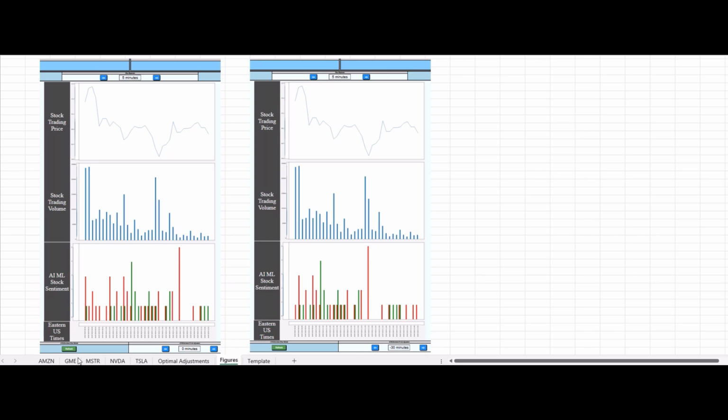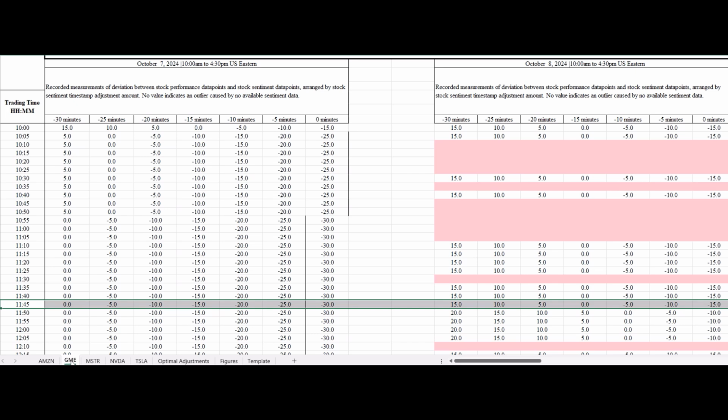When we collected data, it was across 5 different symbols that we see here. We have AMZN, Amazon, GME, GameStop, and so forth, NVDA, Tesla. So looking again at the GME and the same data point, that's 11:45.